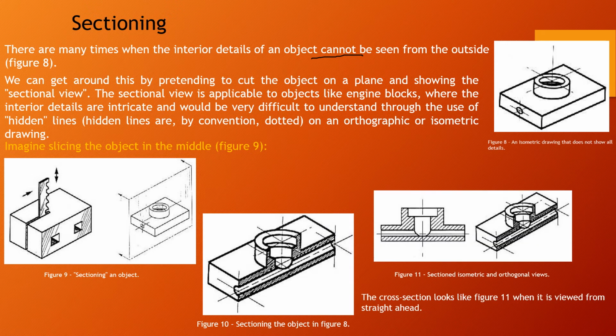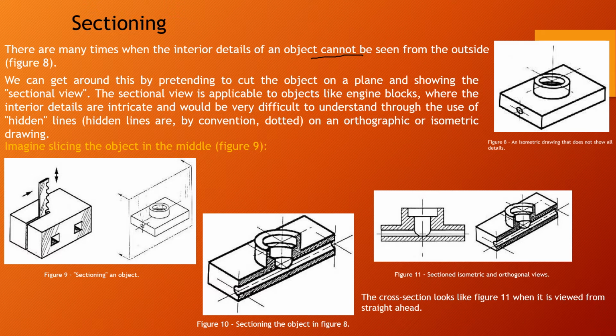Okay, now in figure 10, sectioning isometric and orthogonal views. The cross section looks like in figure 11 when it is viewed from straight ahead.